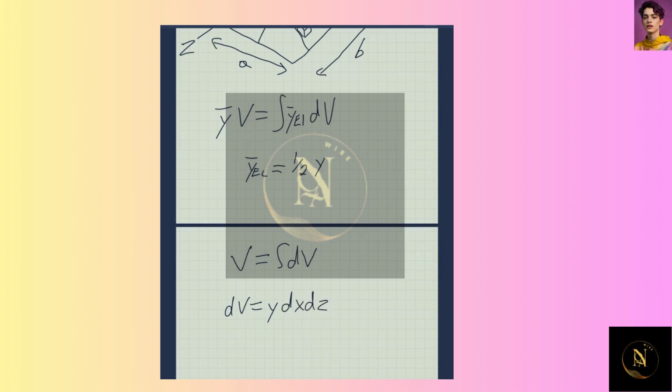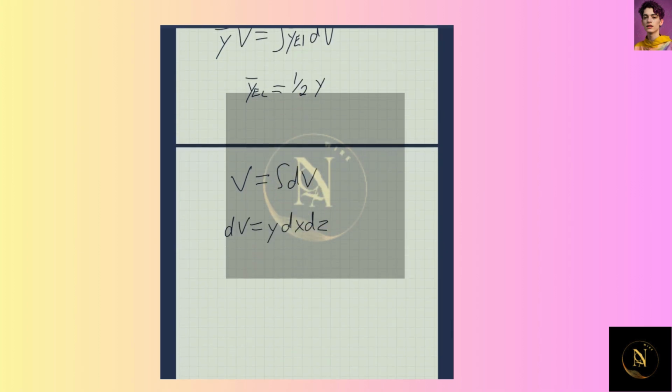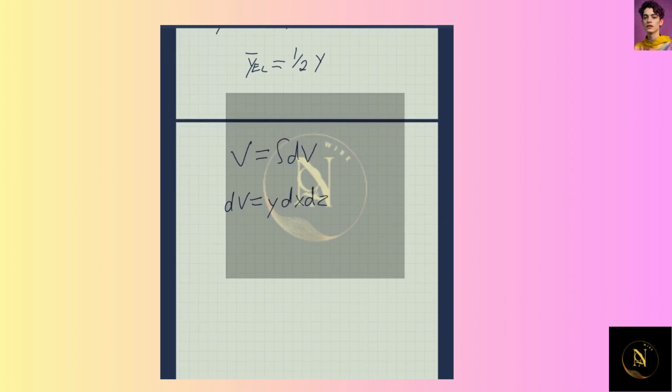The differential volume of that element is going to be base times width times height, so y dx dz. And we can plug in for y because we're given the equation of the surface in terms of y.